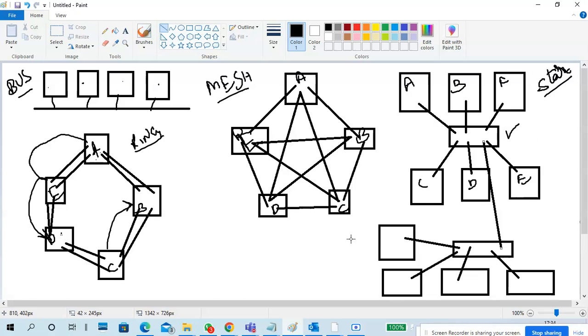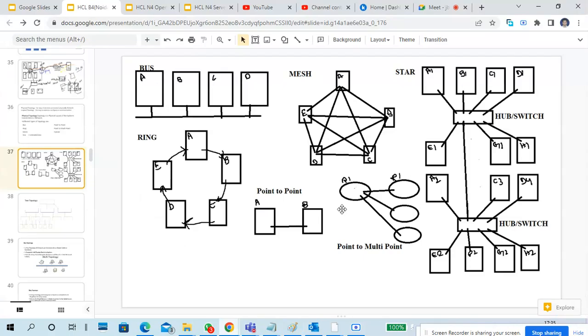Storage is also there. If one switch is down in the SAN storage, no problem, through another switch they can access the data. That is mesh topology. If you combine mesh and star, it is called a hybrid topology.